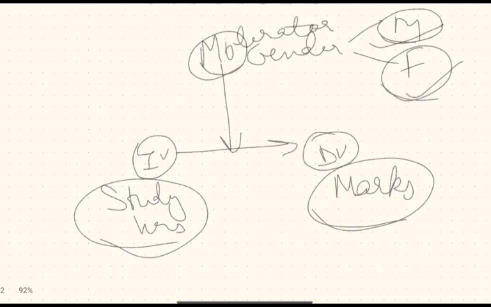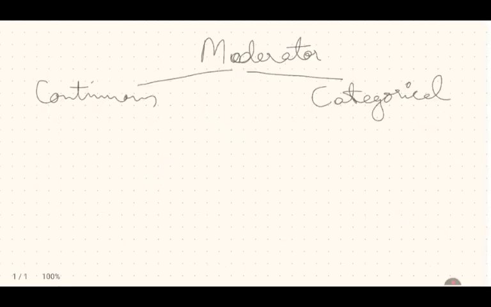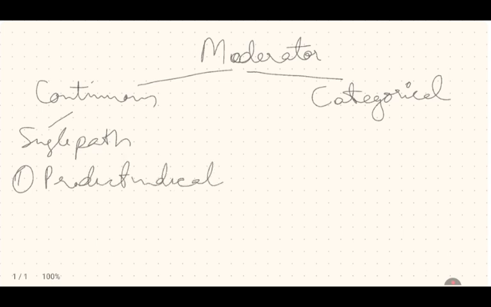Now again, a moderator could be continuous or categorical, right? In case it is continuous in nature and it is affecting a single path in your model, you have two approaches: the product indicator approach and the two-stage approach.